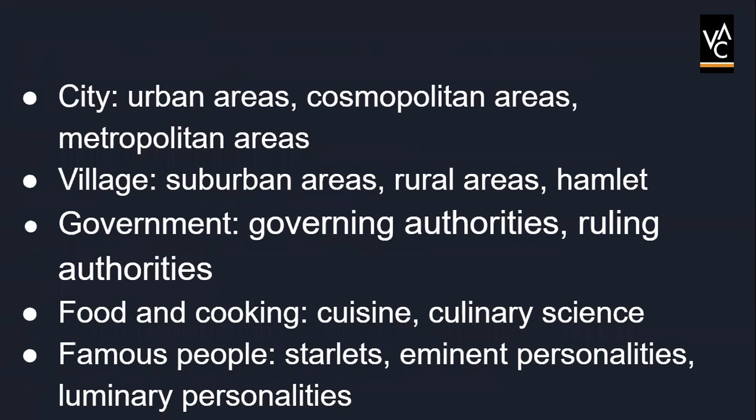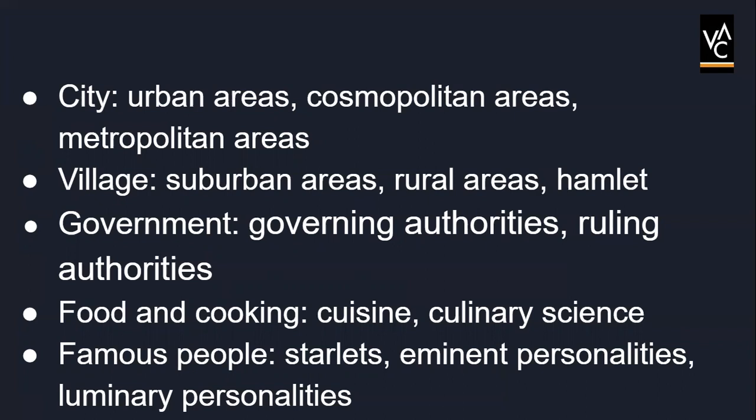The next set of words are city. City can be replaced with a collocation urban areas, cosmopolitan areas, metropolitan areas. Village can be replaced by suburban areas, rural areas, or hamlet.